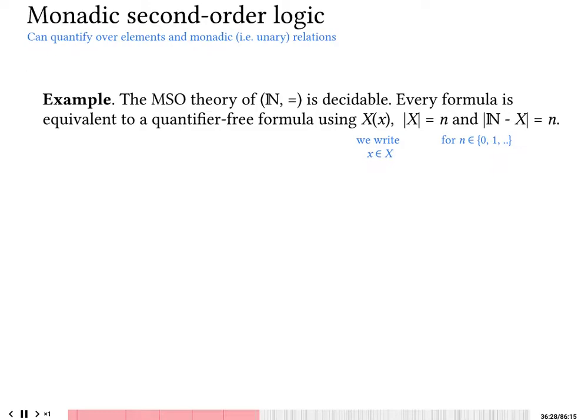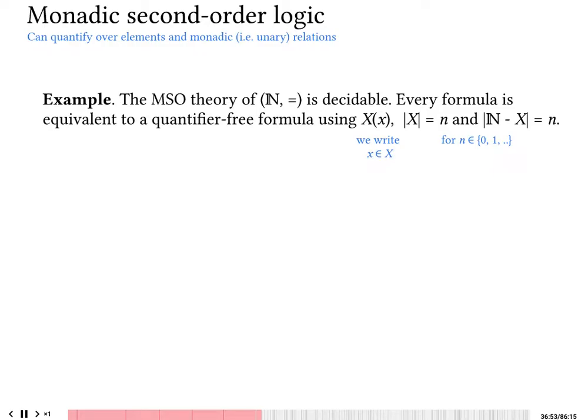Now, if you think a little bit about it, there's not much you can say with equality only, and in fact, one can show that the only things you can say are that an element belongs to a set, and that a set has some size, like 5 or 7, or that the set has cofinite size, so it contains all but 3 elements.